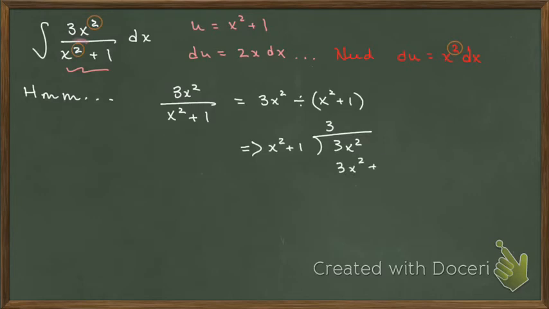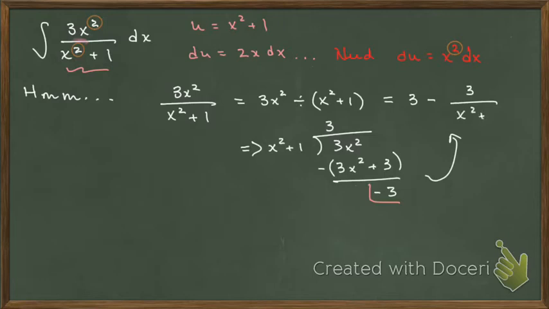Well, that's of course 3 times. And when I divide those, I end up with a remainder of minus 3. So the quotient that I have is actually 3, plus the remainder, a minus 3, divided by the divisor there, x squared plus 1. So I'm able to rewrite that quotient as 3 minus this new quotient.